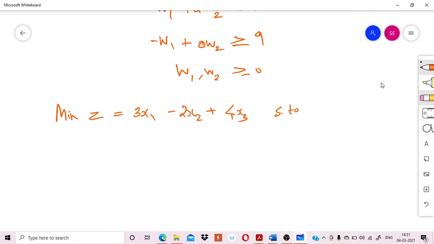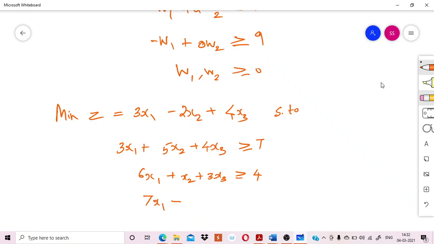We have 3x1 plus 5x2 plus 4x3 greater than or equal to 7. Then 6x1 plus x2 plus 3x3 greater than or equal to something. Then we have 7x1 minus 2x2 plus x3 less than or equal to 10.